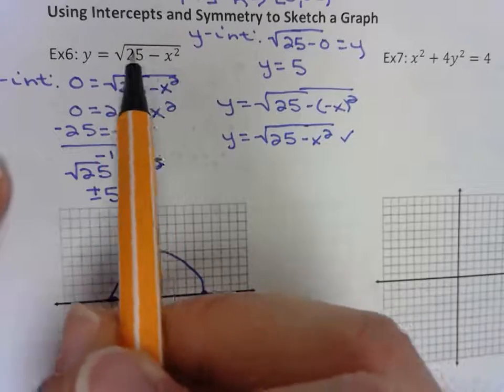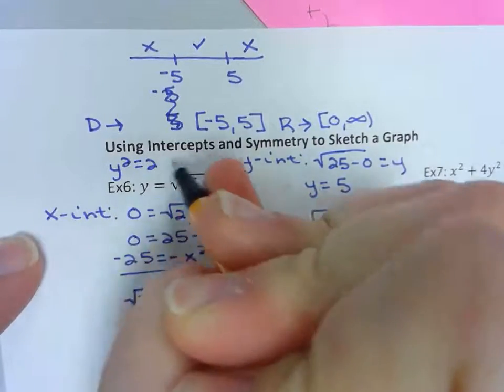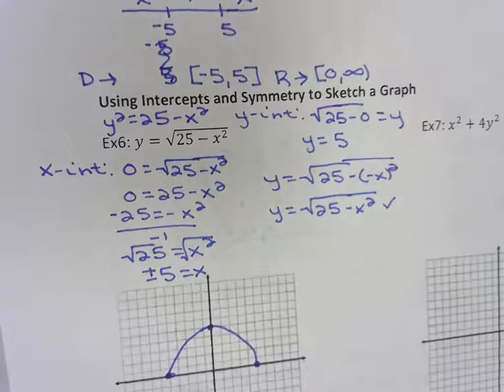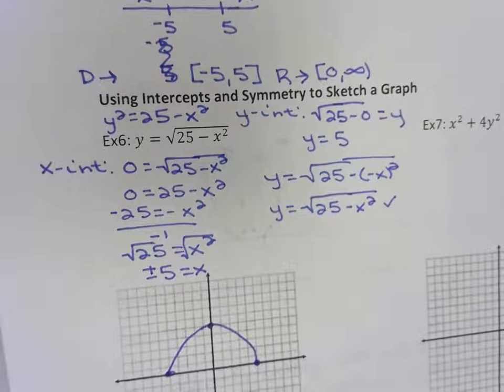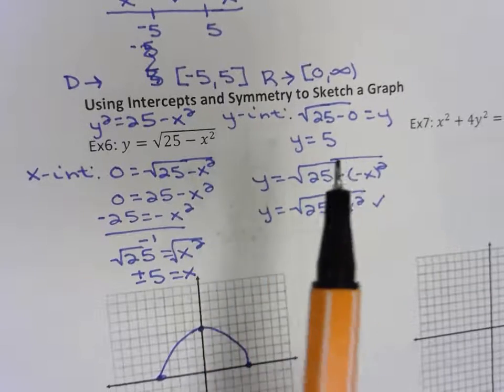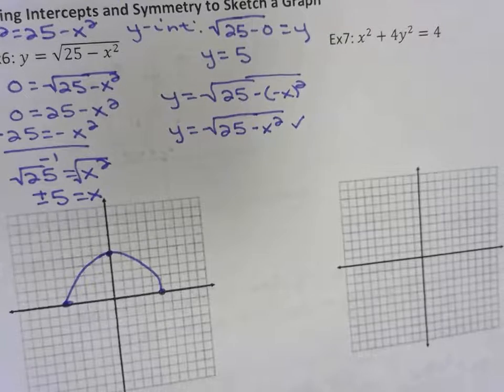If I square both sides, I get y squared equals 25 minus x squared. If I add x squared, x squared plus y squared equals 25, that's the equation of a circle. So that's where you get that half circle from, just FYI. Okay? Any questions on that one?